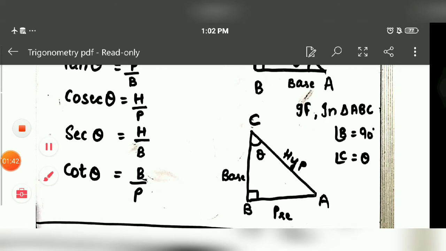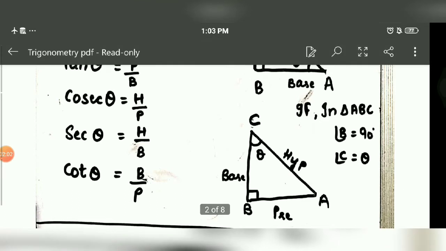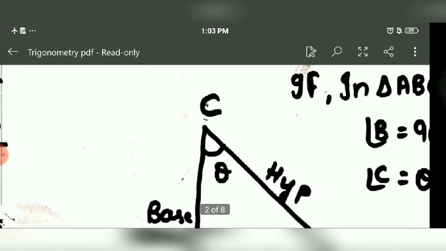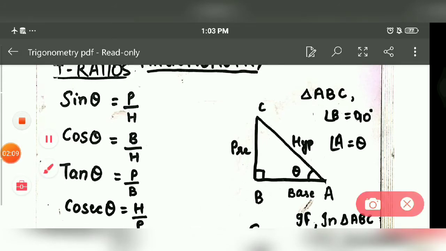So we can say in a right angle triangle, these trigonometric ratios have the value perpendicular by hypotenuse, base by hypotenuse corresponding to the given formula. But first of all, we have a question in mind: what is actually a base, perpendicular, and hypotenuse in a right angle triangle? So if we have this triangle ABC, where B is 90 degree and angle A is theta here.